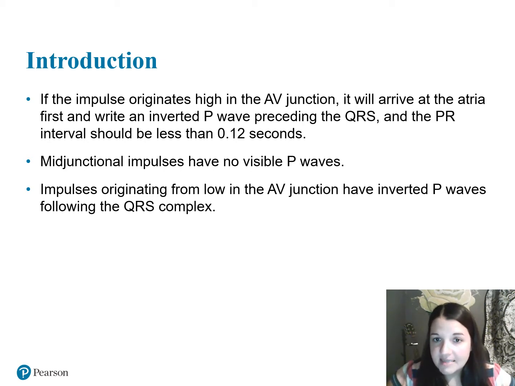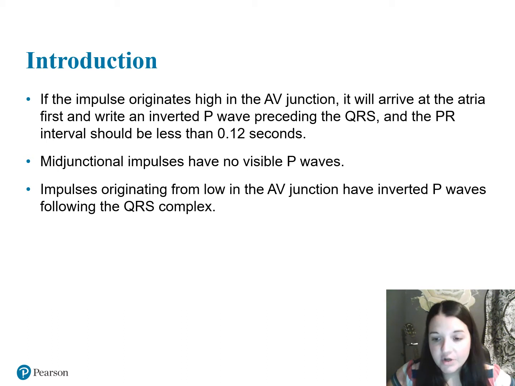In this case, if it's coming from the high AV junction, it is going to write a negative P wave preceding the QRS. Preceding means before. So if I have a negative P wave before the QRS, my impulse is coming from the high AV junction. And the PR interval should be less than 0.12 seconds.